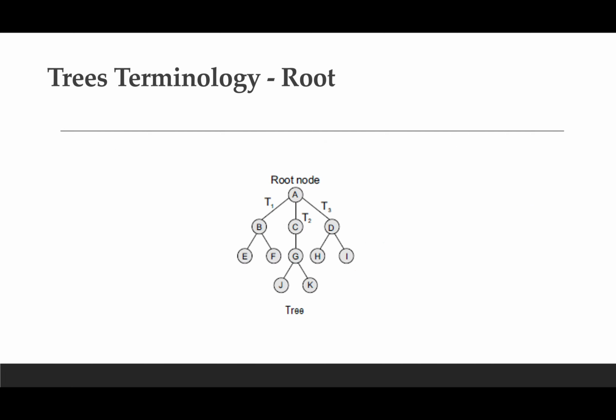Next we are going to see the tree terminologies. Consider this is a tree, and the first terminology we are going to see is the root. The root node is the topmost node of the tree. In this example, this is the topmost node, so this is the root node.